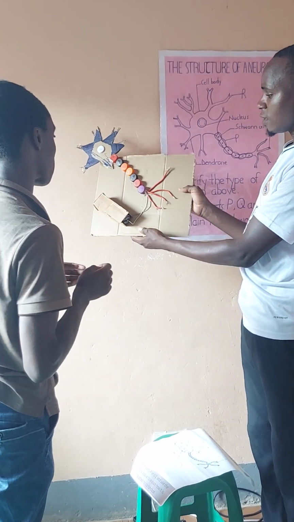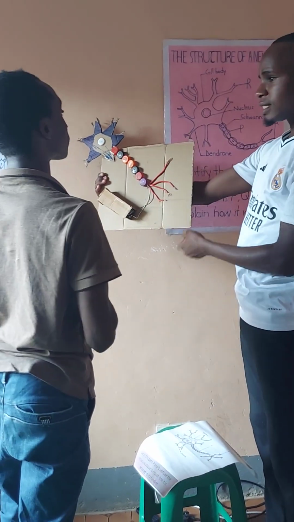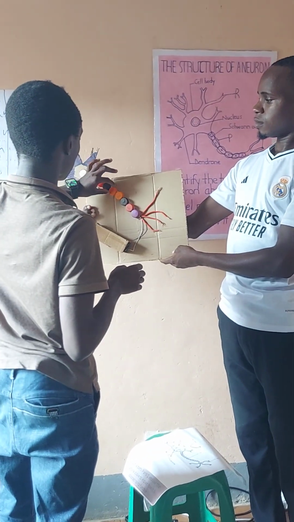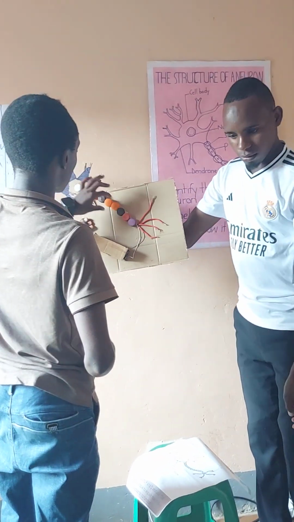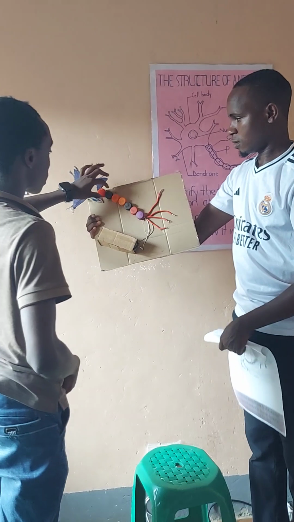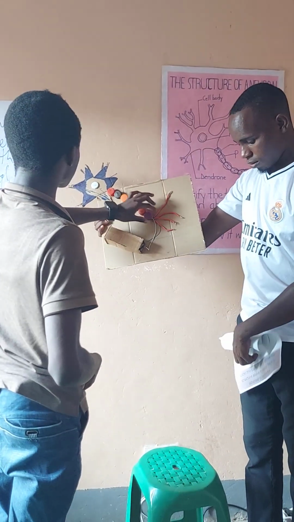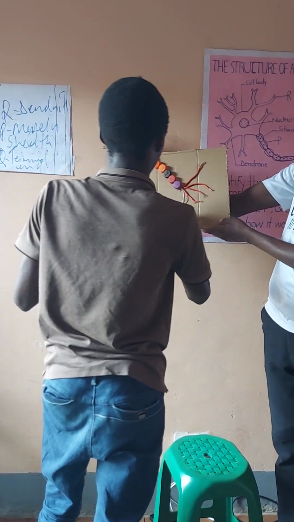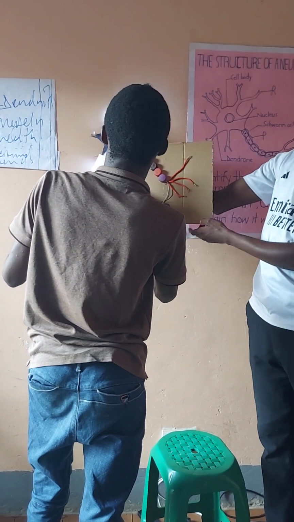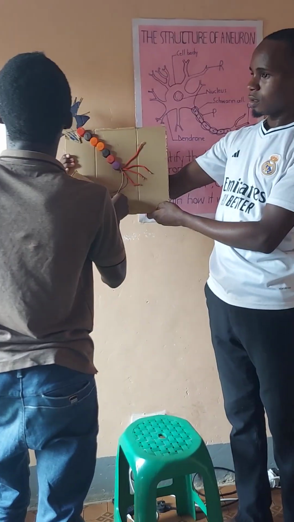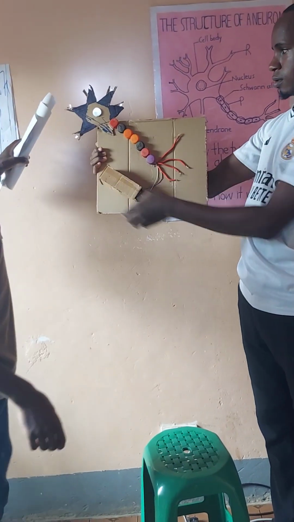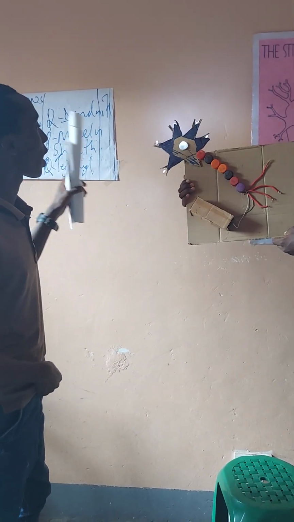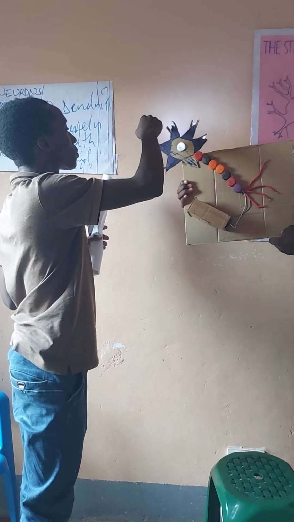From what we have learned so far, I think these bottle tops represent our myelin sheath that speeds up the transmission of impulses. Our bulbs up here represent reception of impulses from another neuron or a muscle that transmits this impulse.